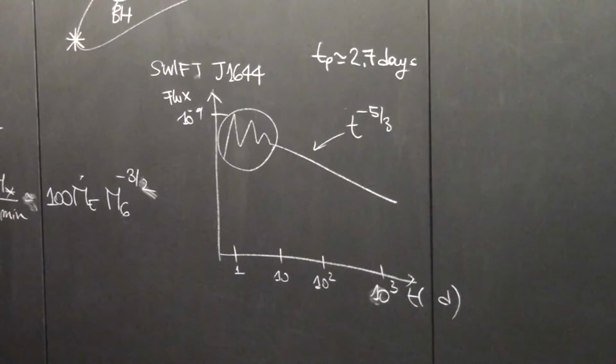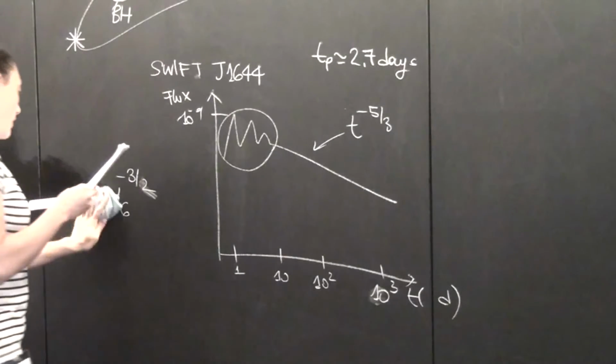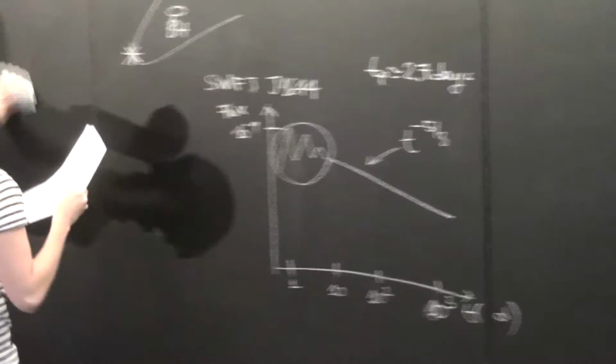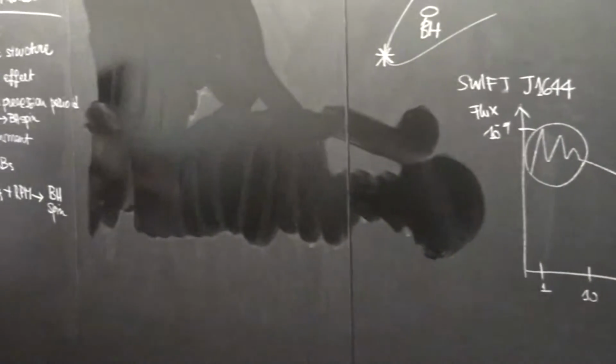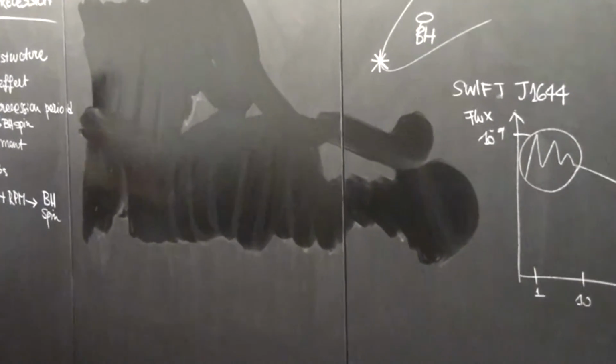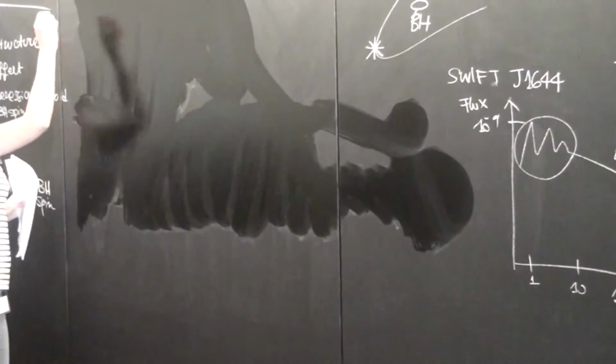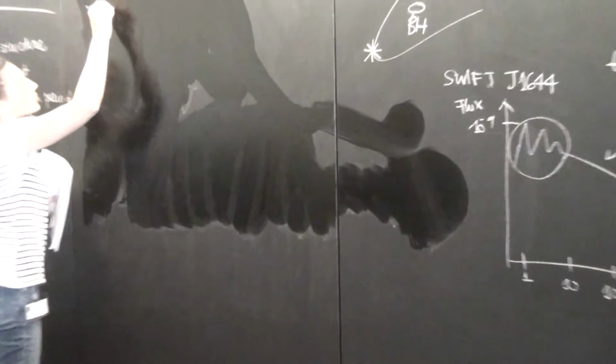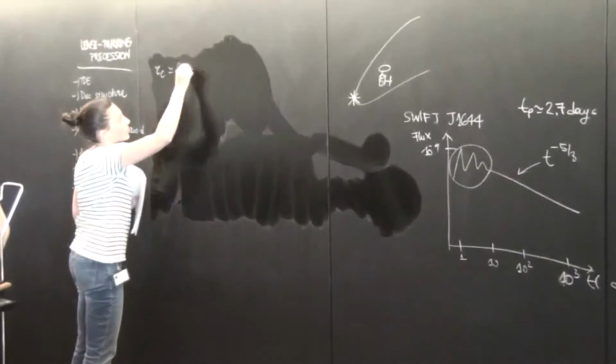Hydrodynamical simulations show that the stellar debris orbits circularize at the circularization radius, which is about 2 times the tidal radius.